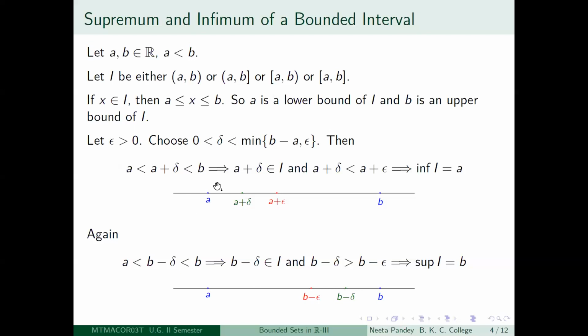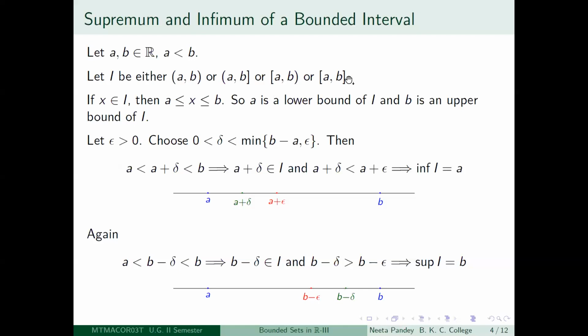Because a is a real number, a plus epsilon is a real number, so there will be many real numbers strictly between a and a plus epsilon. If you take any real number strictly between a and a plus epsilon, then by this choice of a plus epsilon, it will be less than b and it will be greater than a. So it will belong to the interval I, whatever your I be.